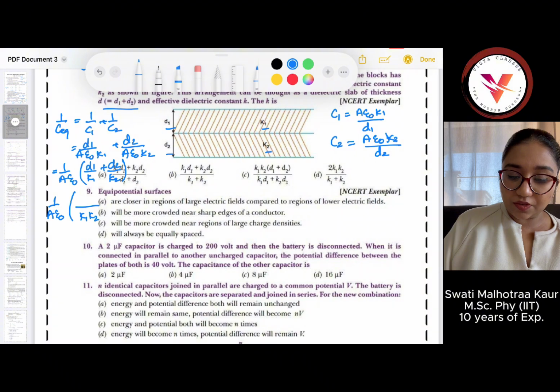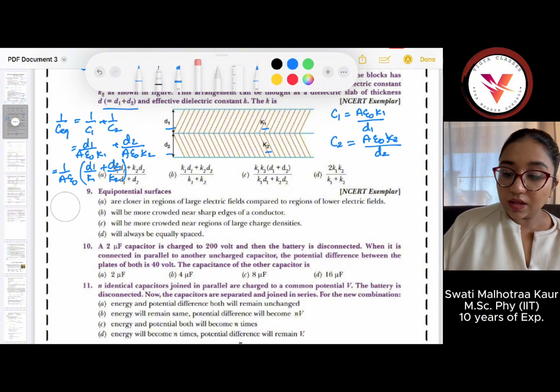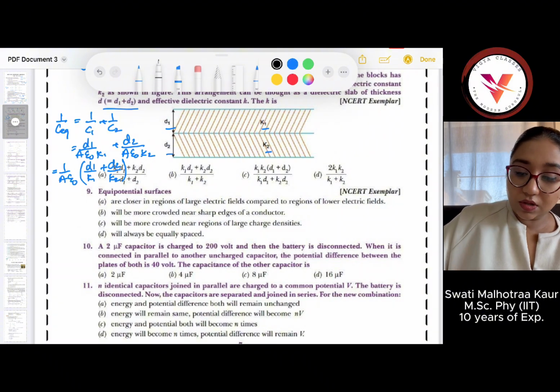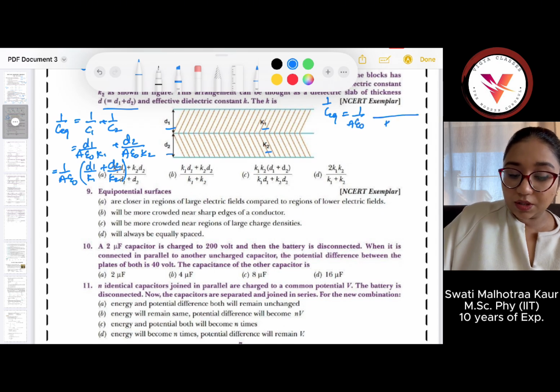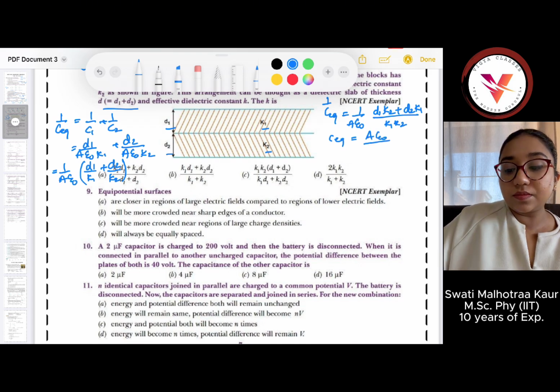I think I should do it somewhere else. So your 1 by C equivalent is equal to 1 upon A epsilon naught kappa 1 kappa 2, times D1 kappa 2 plus D2 kappa 1, and C equivalent will become A epsilon naught kappa 1 kappa 2 over D1 kappa 2 plus D2 kappa 1.